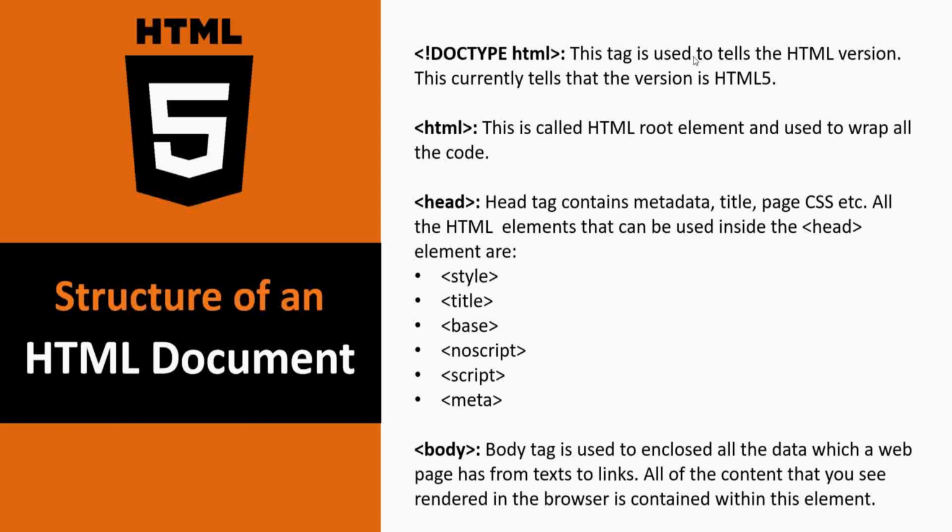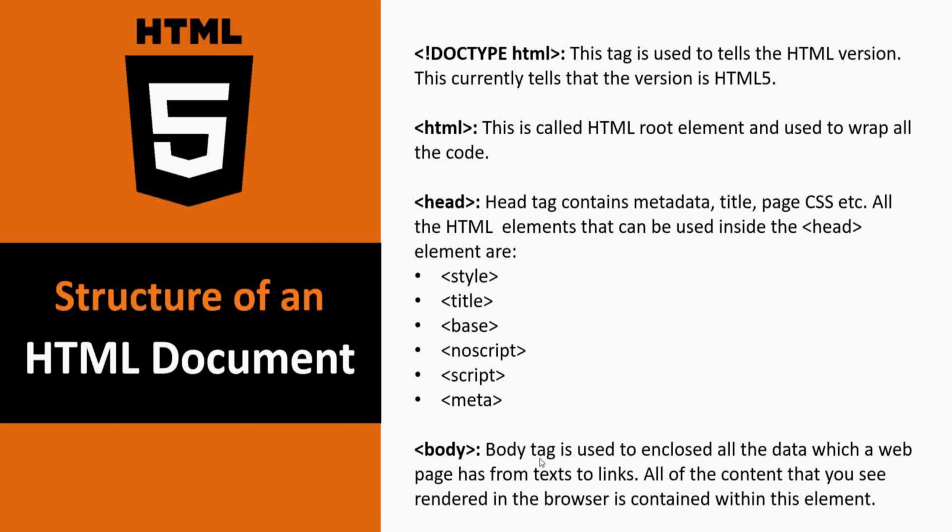DOCTYPE HTML. This tag is used to tell the HTML version. This currently tells that the version is HTML5. HTML tag is called the HTML root element and is used to wrap up all the code. Head tag contains metadata, title, page CSS, etc. All the HTML elements that can be used inside the head element are style, title, base, noscript, script, meta.